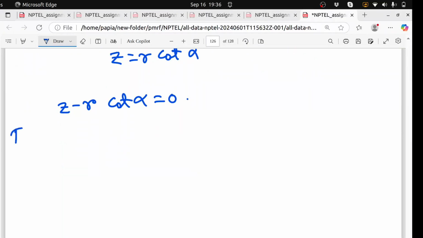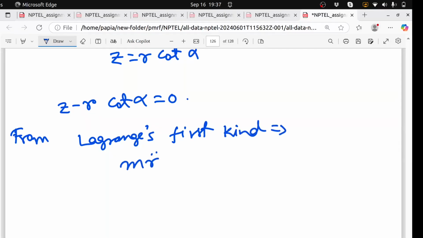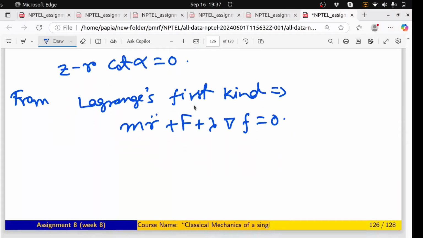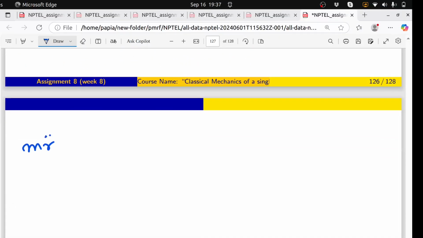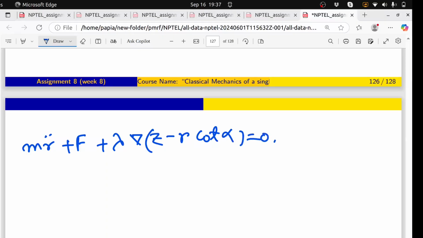From Lagrange's first kind, we can have m r double dot plus F plus lambda grad f equals 0, where our f is right now z minus r cot alpha. So we can see m r double dot plus F plus lambda grad of z minus r cot alpha equals 0, and here F is minus mg z cap because it is under gravity.